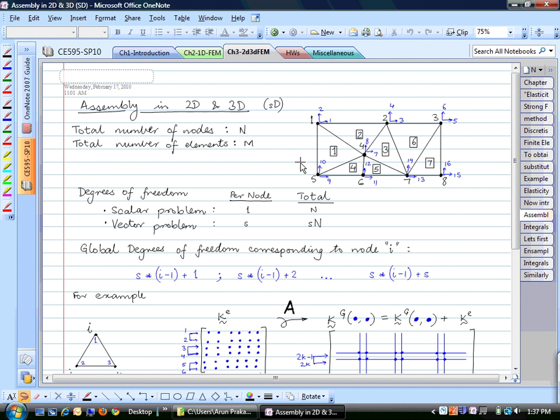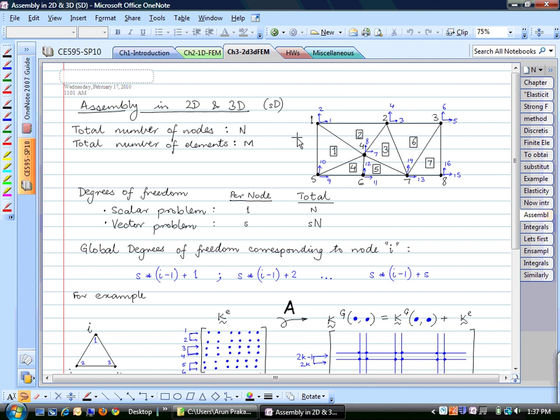The exception here is that there are going to be 2 degrees of freedom per node. And in general, this is true for any vector problem. So let's say you have a 2-dimensional or a 3-dimensional problem, then at each point you will have 2 degrees of freedom or 3 degrees of freedom.